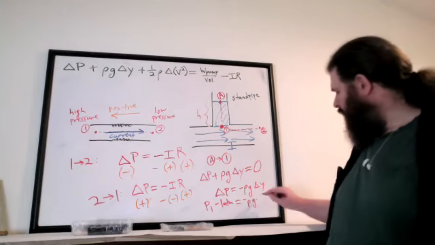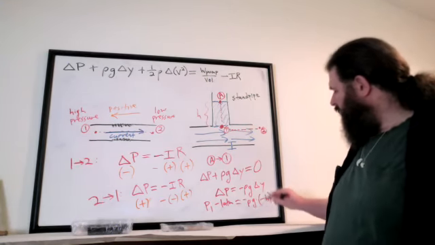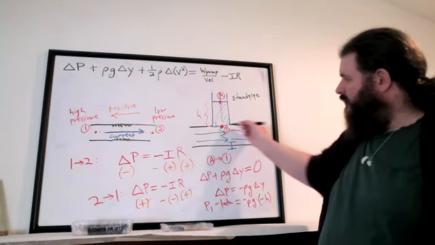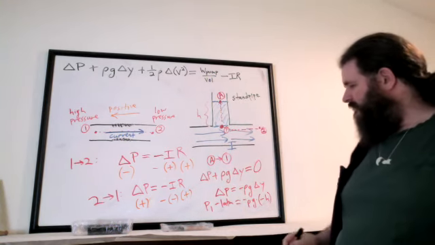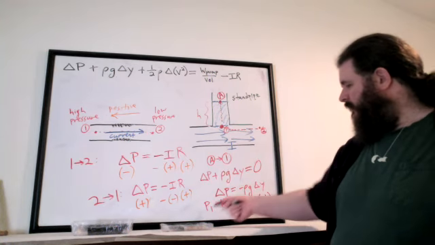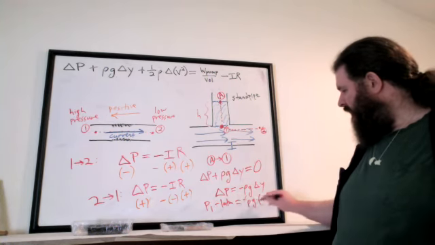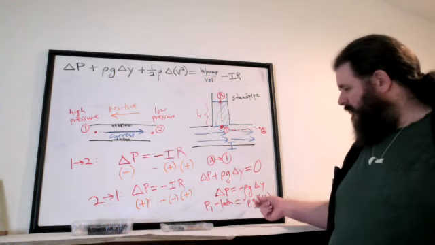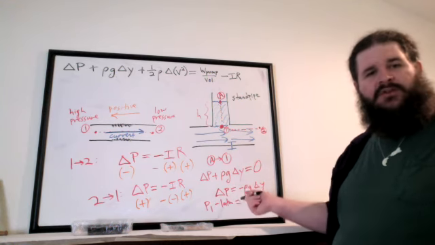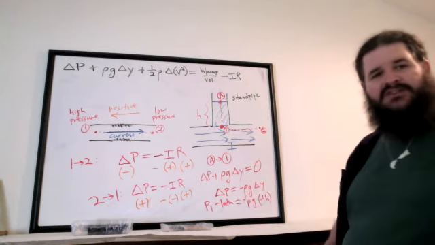Negative. Yeah, we'll write that as negative h. You can even think of that as final minus initial. If you treat this as height 0 and this is height h, 0 minus h would be negative h. So we end up with P1 minus 1 atmosphere, the negatives cancel out, and you just get rho gh. And you could add 1 atmosphere to both sides and say pressure 1 is 101 kilopascals plus rho gh.